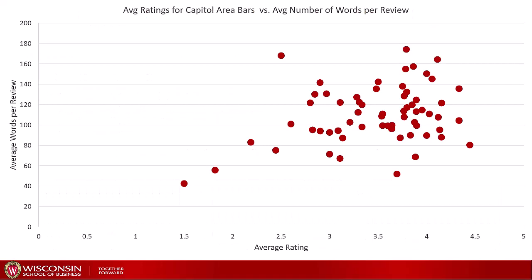Let's go ahead and look at the variables of interest, the average ratings and the average number of words per review. First, let's find the line that best summarizes this relationship. For now, I'll just tell you that this is known as the line of best fit or the trend line. Next week, we are going to spend some time quantifying that and discussing exactly how it's defined.